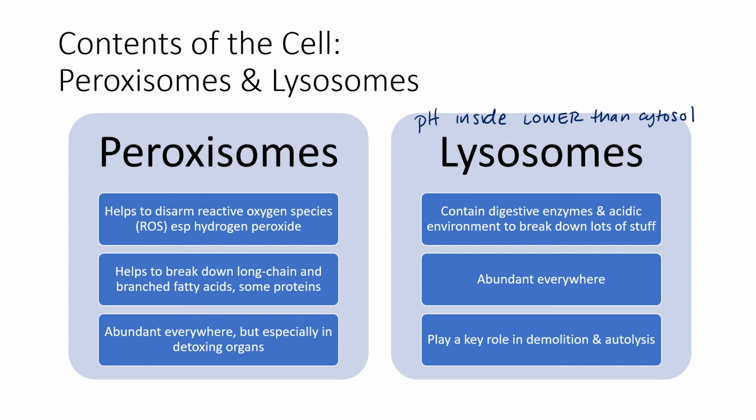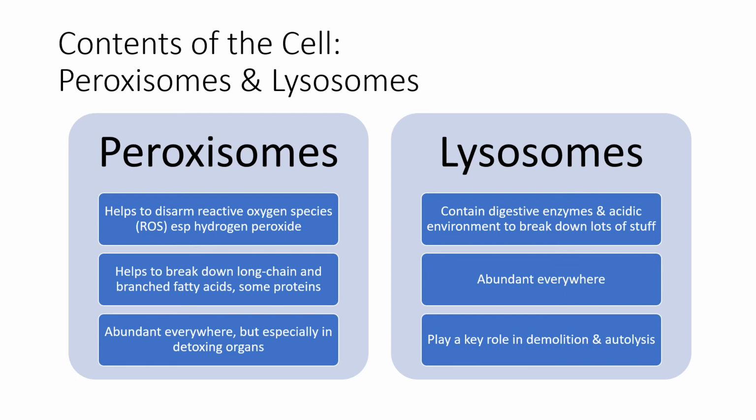Whatever your cell doesn't need anymore gets thrown into the lysosome, and the lysosome attacks it with acidity and attacks it with enzymes that break it down into smaller parts. It can then release that waste into the extracellular environment, or it can recycle some of those components to use for other things inside of the cell. Whatever the cell ends up needing is what the lysosome will do with it.